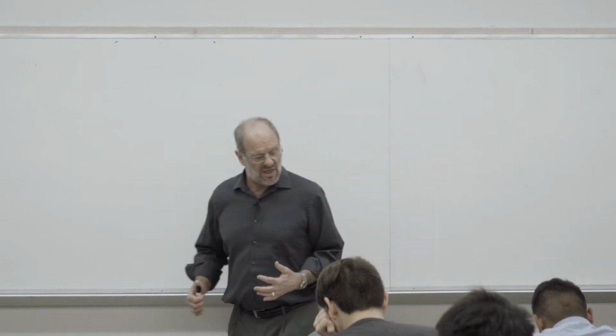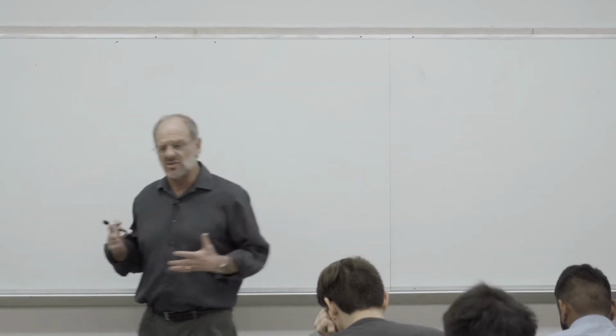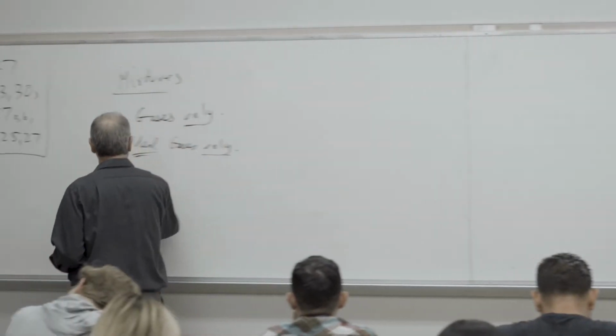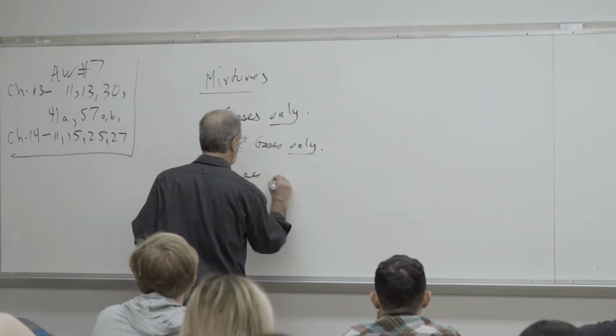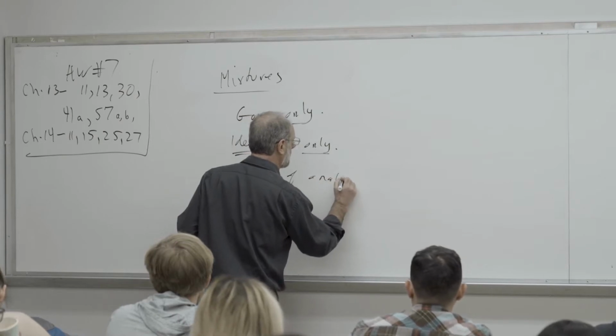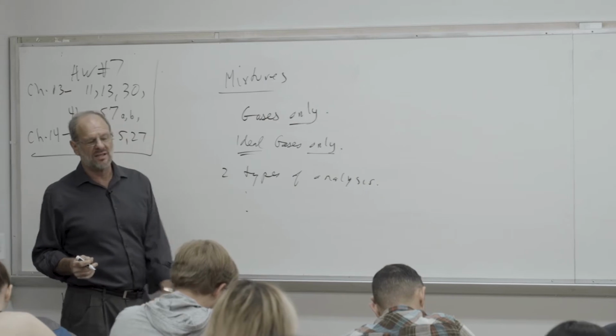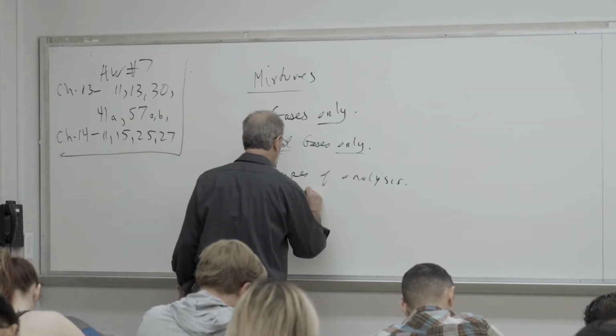So we're just going to assume that whatever mixtures we have are indeed ideal gases, and just be aware of that. Another thing I might note is that there's really two broad categories of analysis that we're interested in. One type of analysis we would call gravimetric.